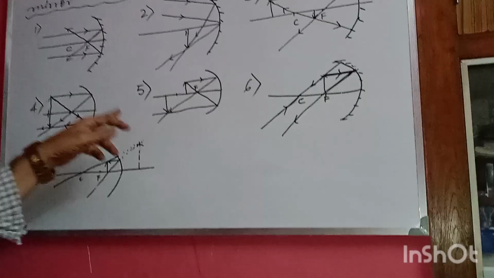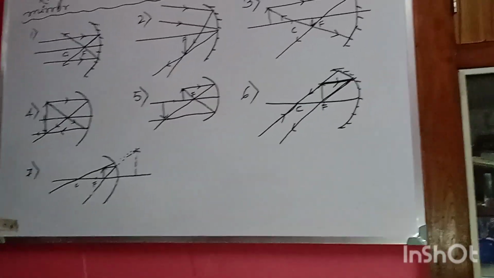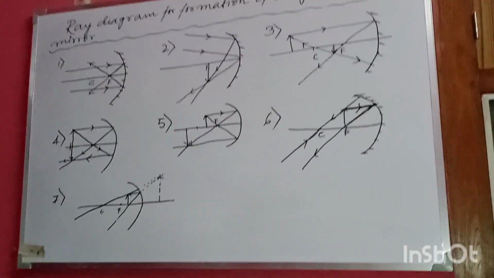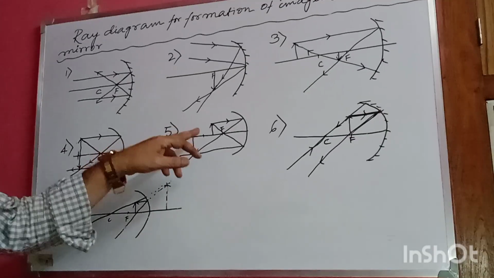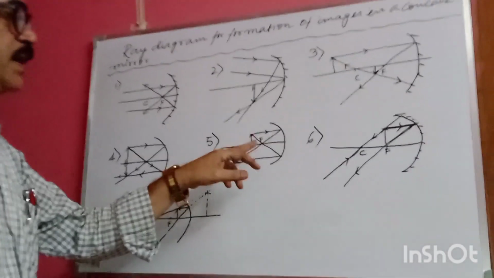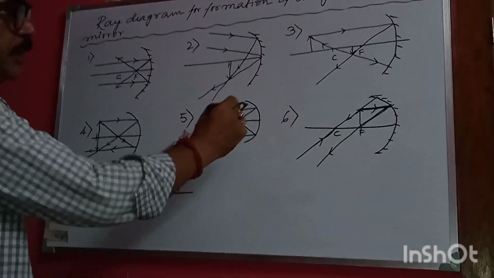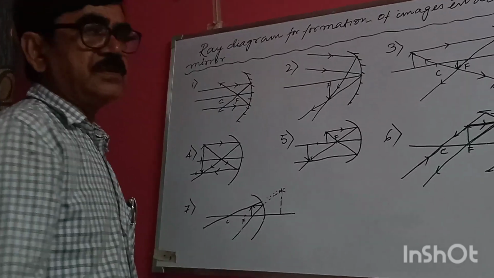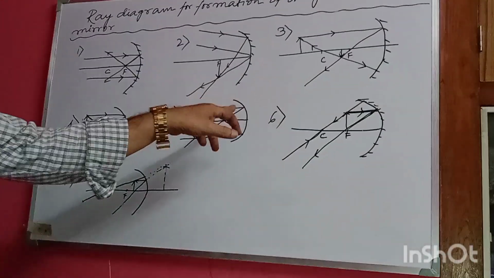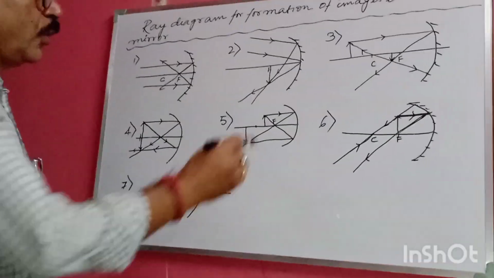Next, when the object is in between the center of curvature and focus, in that case we take a ray parallel to the principal axis, which must move through the focus in this way, in this diagram. Follow me.